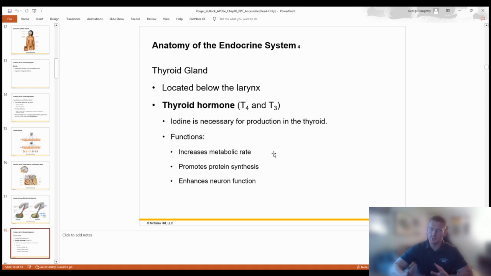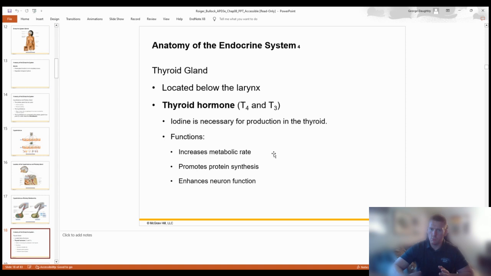Let's shift gears toward the thyroid hormones and the thyroid gland now. So we've continued to work our way down, and now we have another big gland and another big class of hormones that we need to discuss, and those are our thyroid hormones. Thyroid hormones are most classically known for regulating metabolic rate, but they also are known for protein synthesis and neuron function as well.